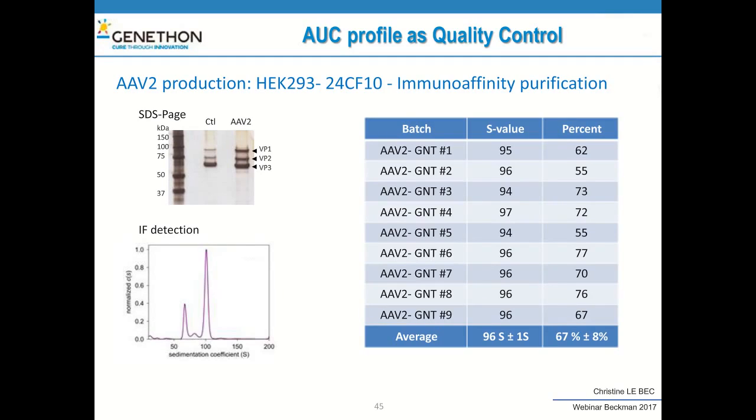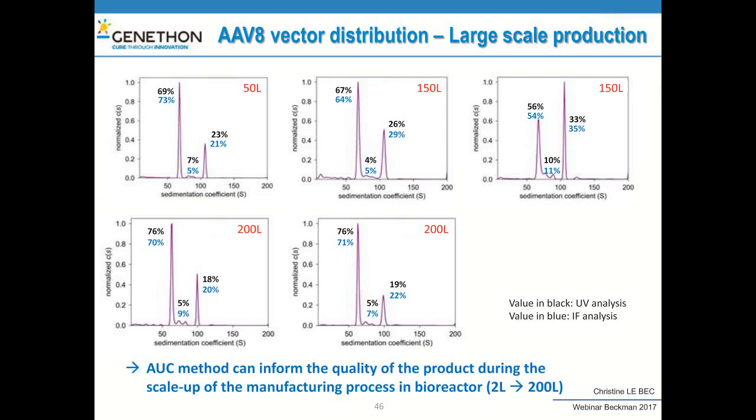From these 9 different batches, the S value of the full particles is around 96S, more or less 1S, and represents around 67%, more or less 8%. So the AUC method is applied to ensure lot-to-lot consistency in our case. We also check the vector, which can inform you about the quality of the product during the scale-up of the process.